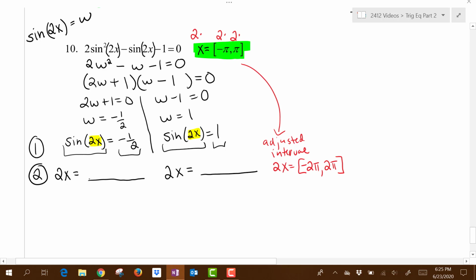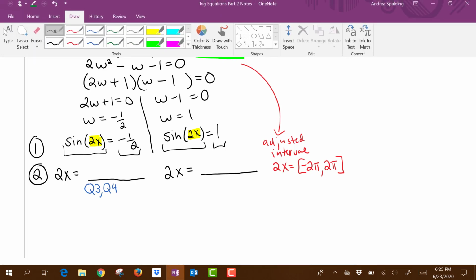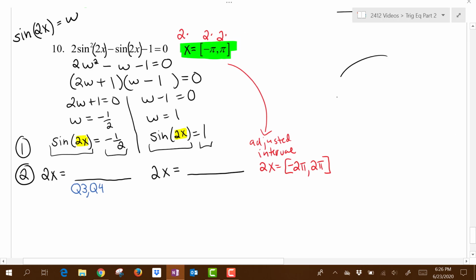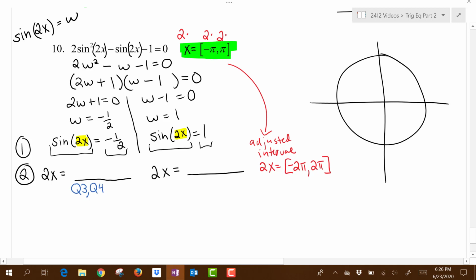Alright, let's look at the first one here. Sine of 2x equals negative 1/2. We need quadrant check. The ratio is negative. Sine is negative in quadrant 3 and quadrant 4. Reference angle family. Our reference angle, what quantity on our unit circle has a sine ratio of 1/2?